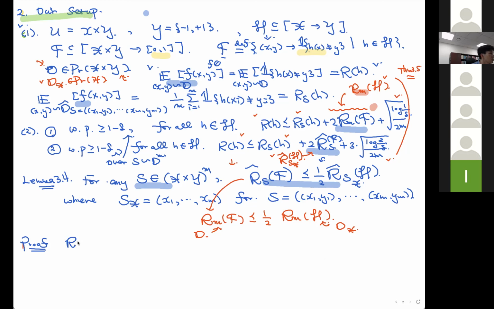Let me just write the proof. If you expand the definition, it is saying the following.